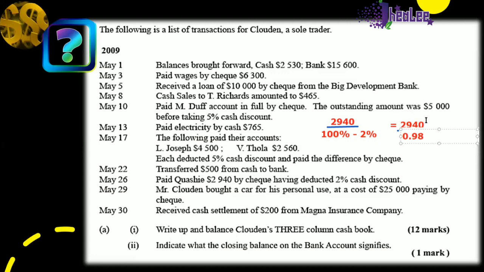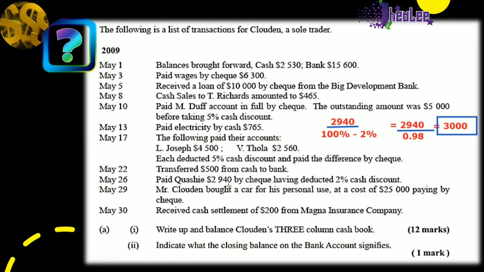Now, divide 2,940 by 0.98 and tell me what you get. The value that should be on your calculator is $3,000. This $3,000 is representing the original value that was due.